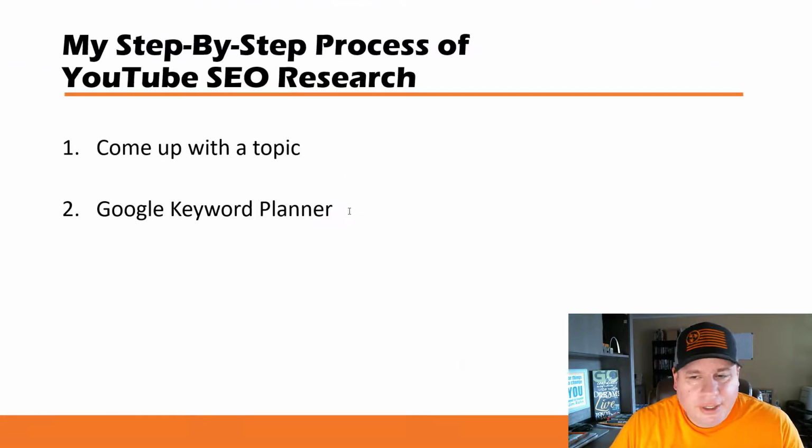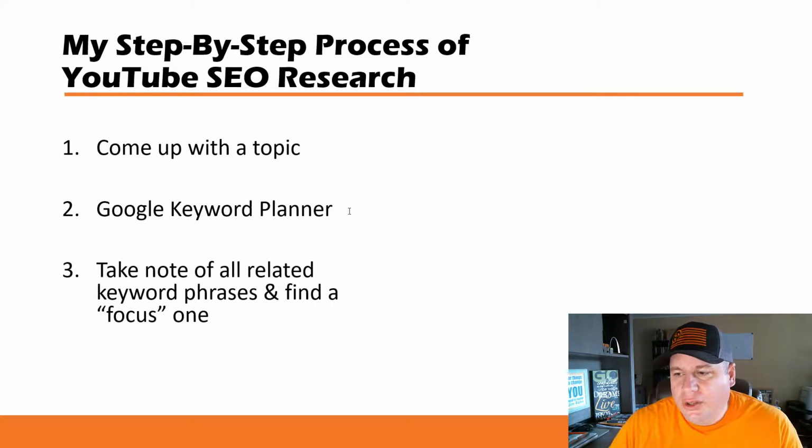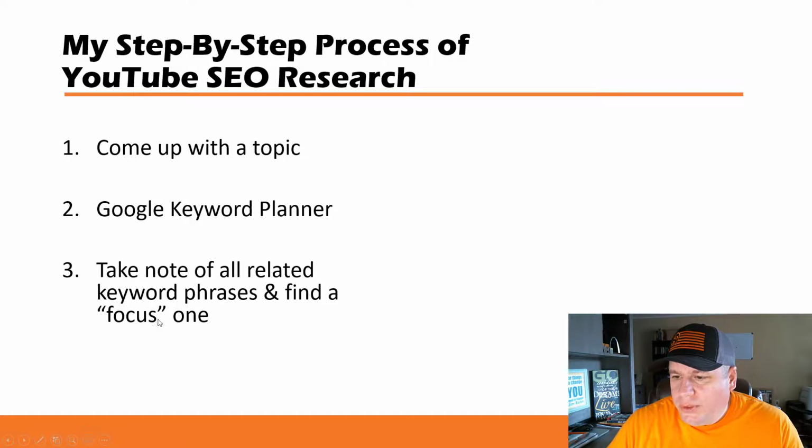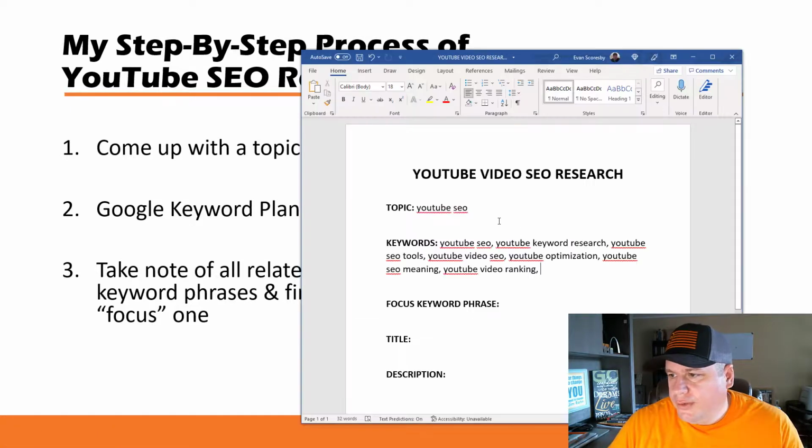And if we come back here, so that's step number 2. That is the Google Keyword Planner, right? And then we've already done number 3, where I just take note of all of those related keyword phrases, right? So I took note of all these phrases, and I'm going to find a focus keyword phrase. So this was my focus keyword phrase here.